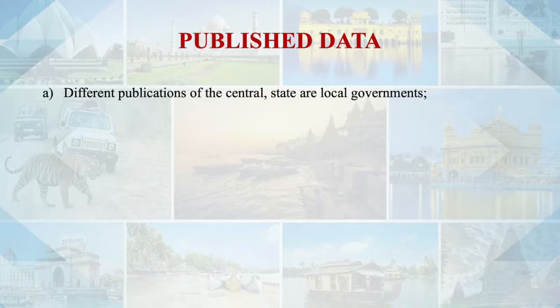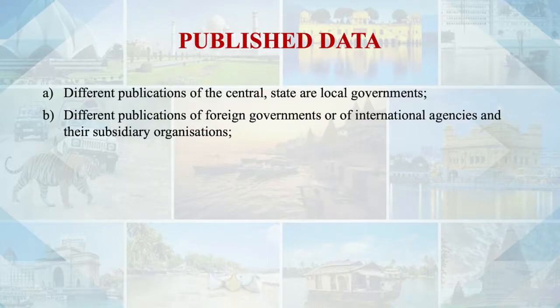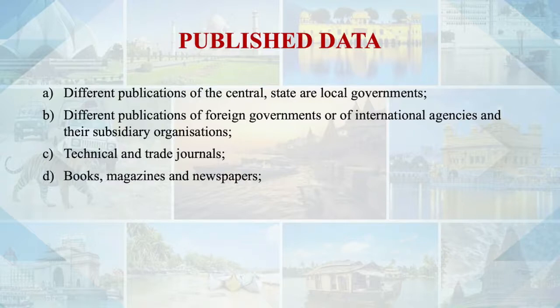Usually published data are available in the form of: A, different publications of the central, state and local governments. B, different publications of foreign governments or of international agencies, bodies and their subsidiary organizations. Third, technical and trade journals. Fourth, books, magazines and newspapers.